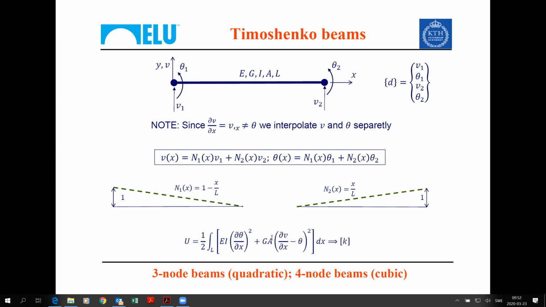We said that in this case, dV dx, or V,x in shorthand notation, is no longer equal to theta. What does this mean from a practical point of view, from the point of view of the interpolations? Well, what this means is that we will have to interpolate separately the two quantities.